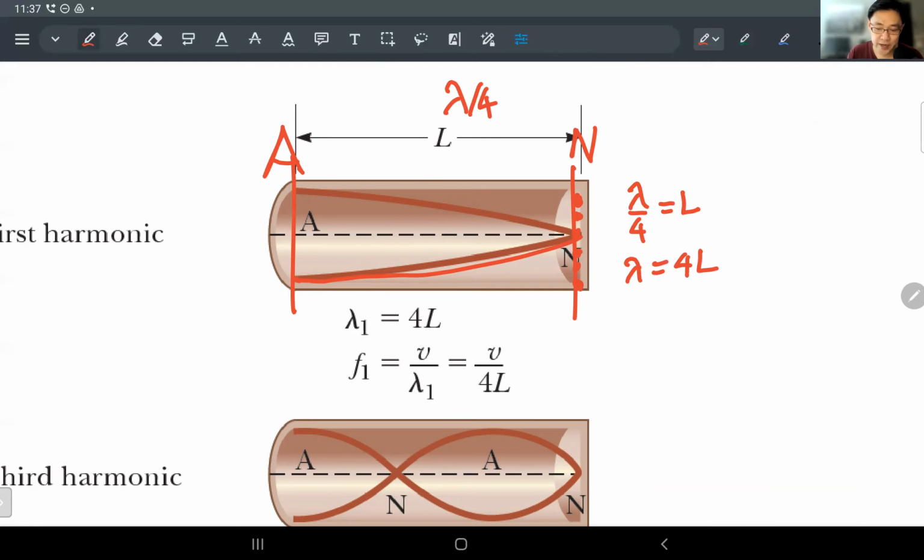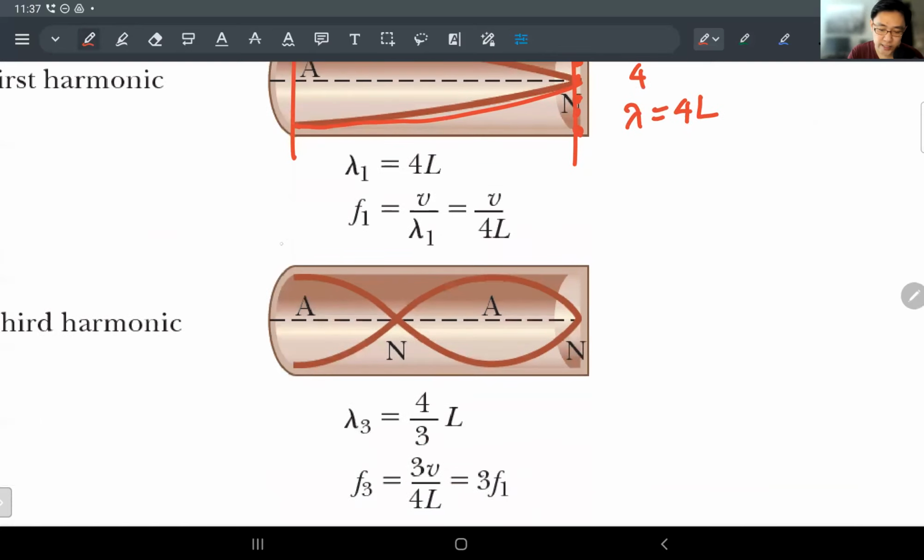See? And then you can play games now because you say you want to start from the antinode, you want to end at another node. You can add an extra twist to it. So what I can do is, okay, let's put one twist to it, but then I still land on a node. That is allowed. This is good. So what you get over here is you're just passing through one extra node in between, which is fine. So over here, it's half the wavelength and a little bit over.